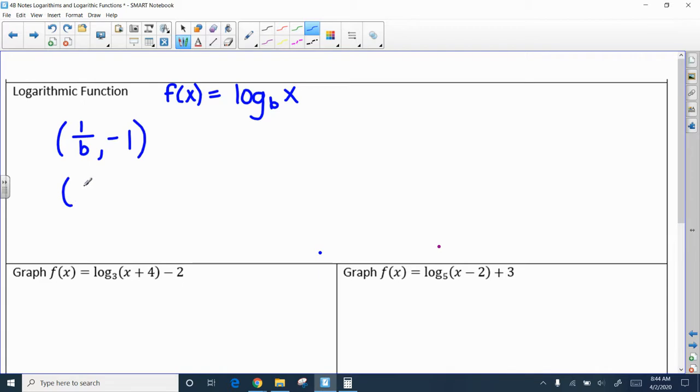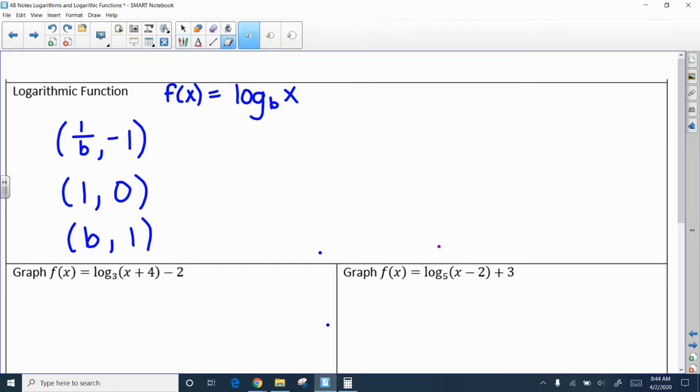It's going to have the point (1, 0). And it's going to have the point (b, 1). So the b is just coming from the base. And these 3 points are coming from the inverse of the exponential function. Now this one, as we said, has a vertical asymptote.